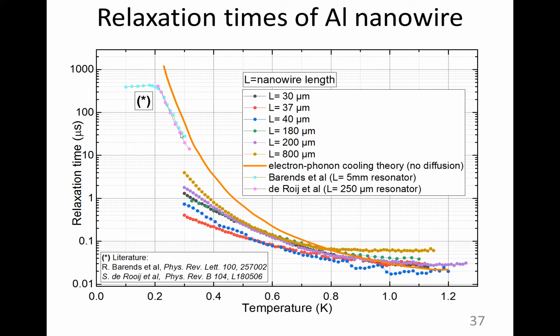So the electrons in this case have no place to go, so they cannot out-diffuse from the vicinity of the resonator, from the resonator itself actually. So we measure much faster relaxation times that were not available previously.